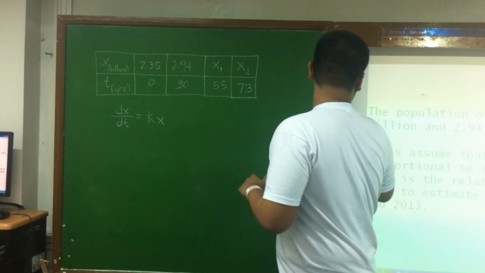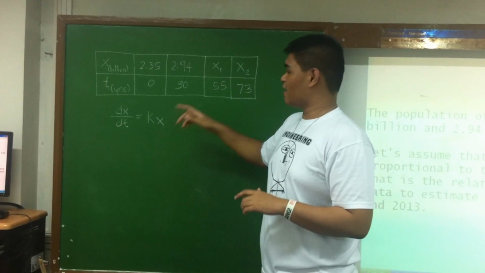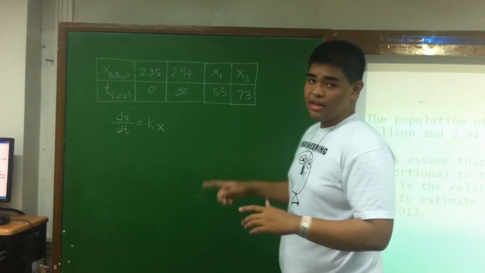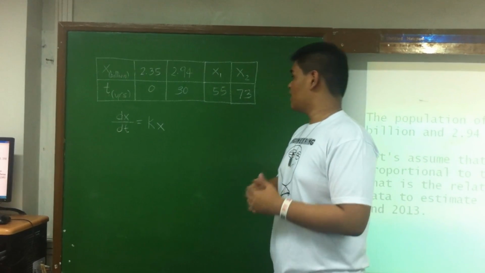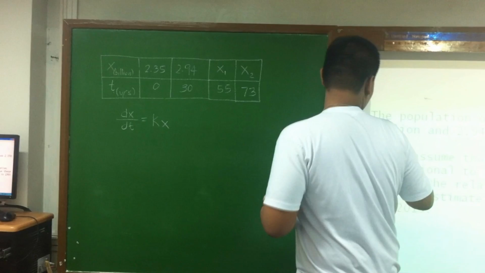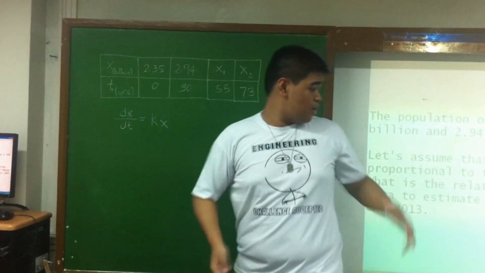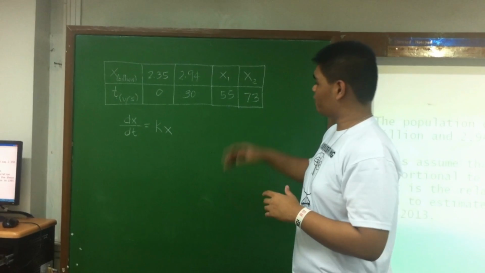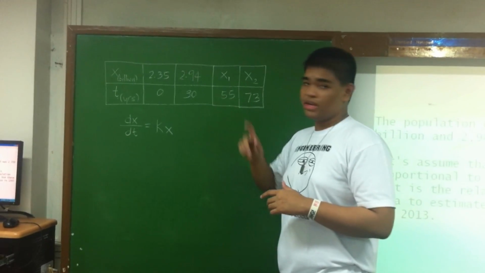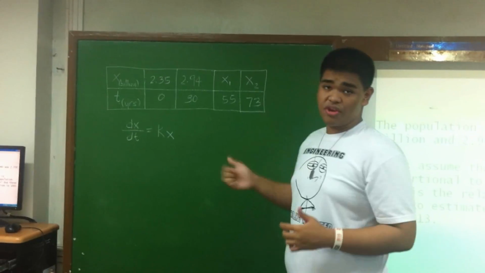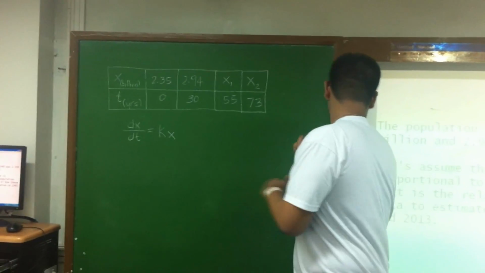The next is 1970, so that's after 30 years, and that would be 2.94 billion. Now we would like to find the population in 1995 and 2013. 1995 is 55 years after the initial year, which is 1940, and 2013 is 73 years after 1940.